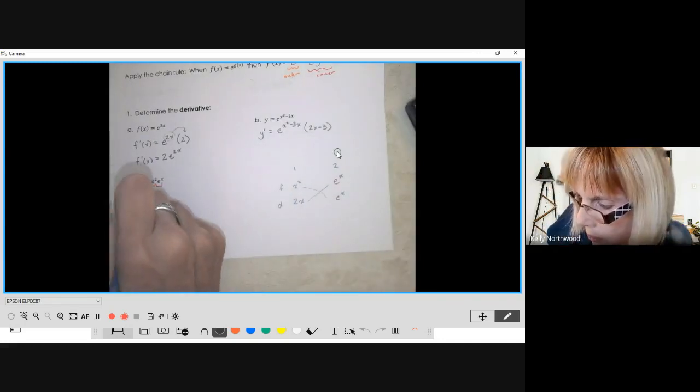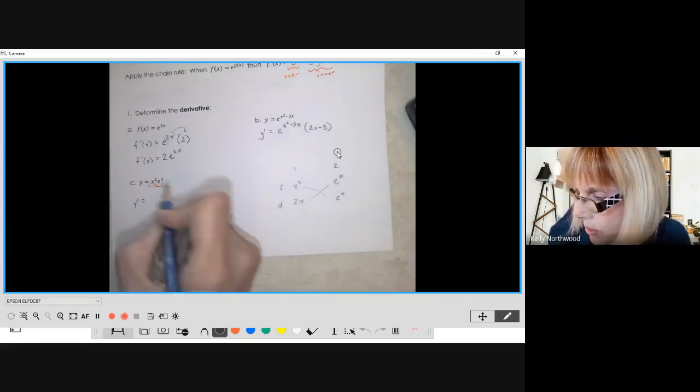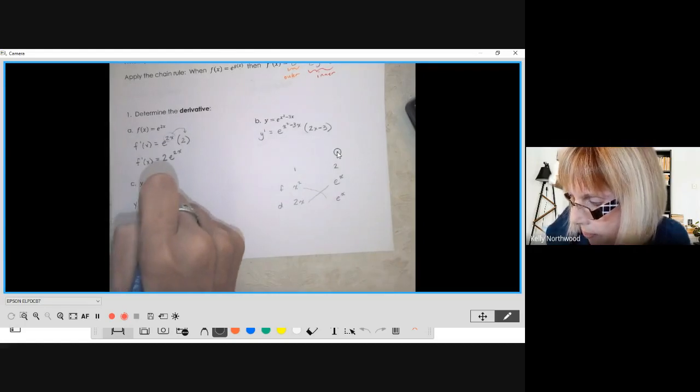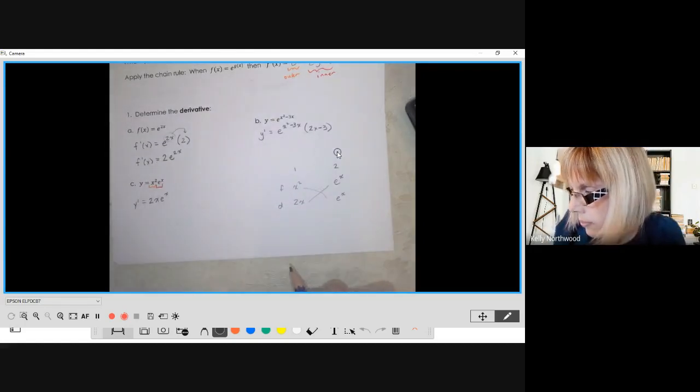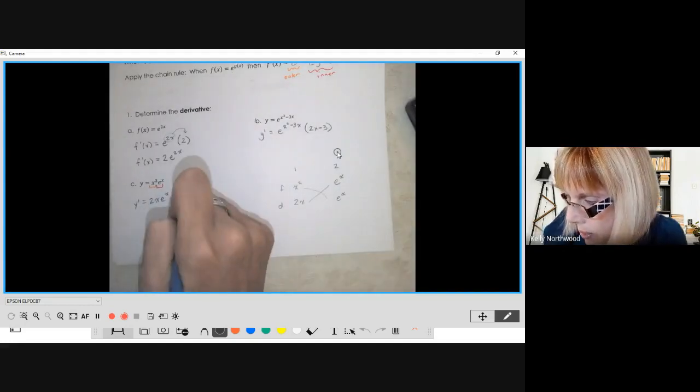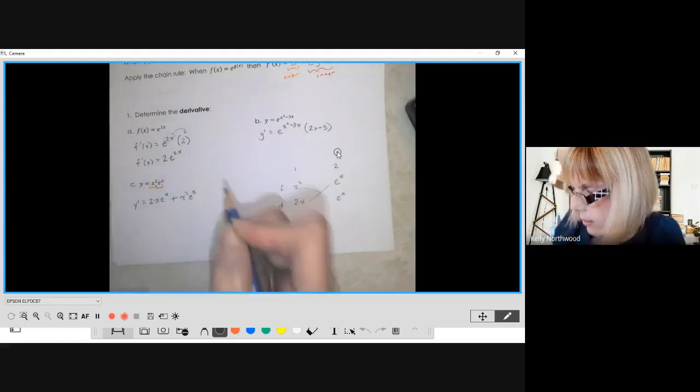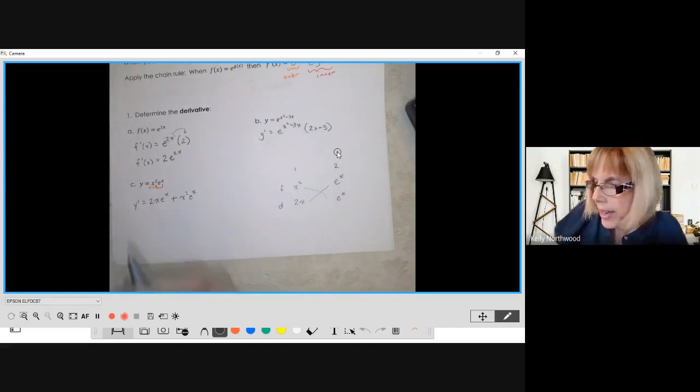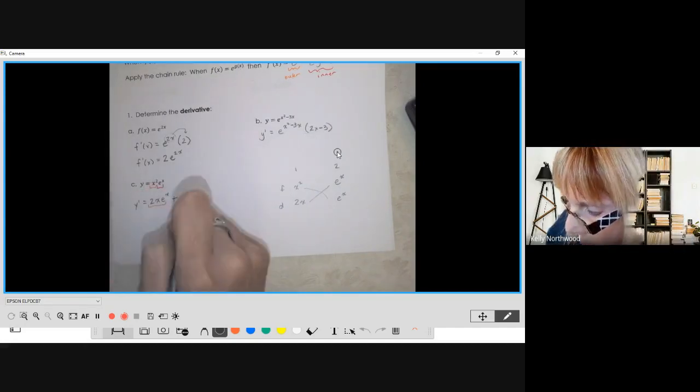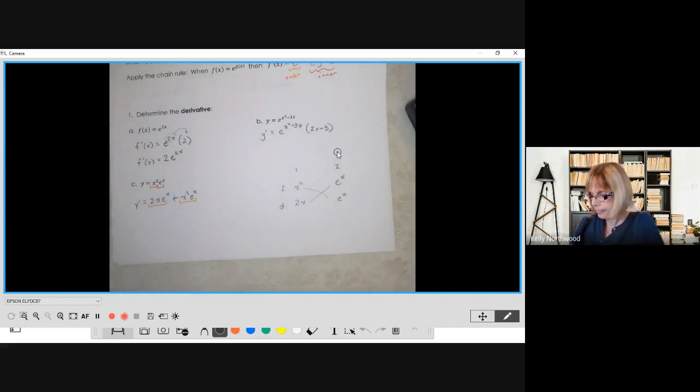So y prime is going to be the derivative of the first times the second, plus the first times the derivative of the second. And then we can put this one into simplified factored form.